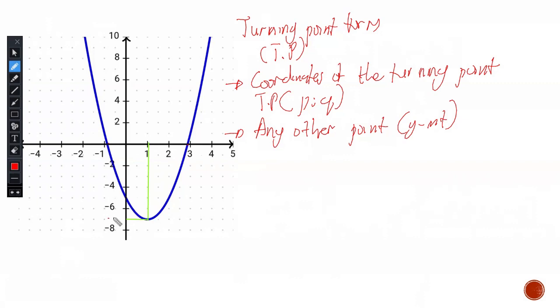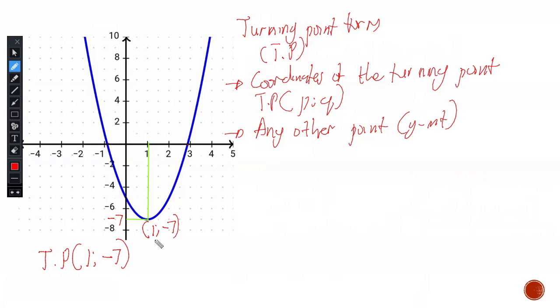So this here is supposed to be -7, looking at the interval. That means your turning point is actually (1, -7), right? So those are your turning points. In most cases in your question paper, they will just be given like this right here.